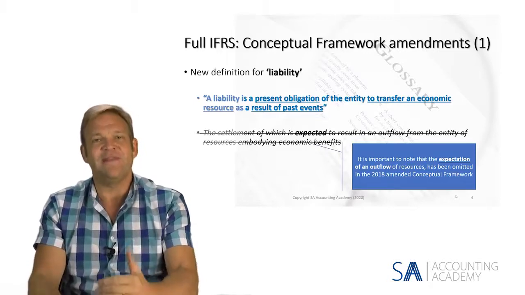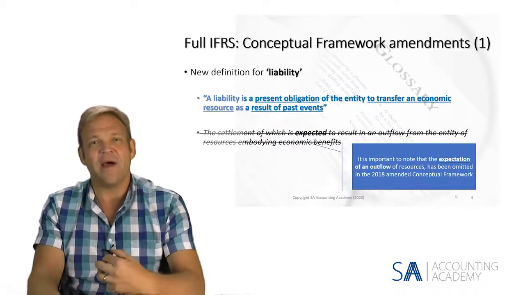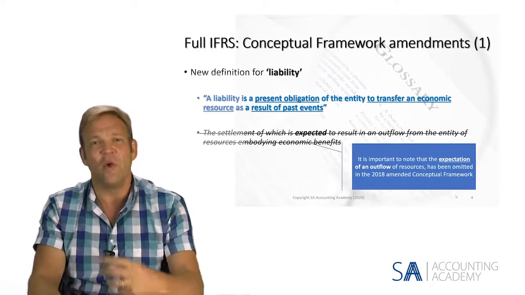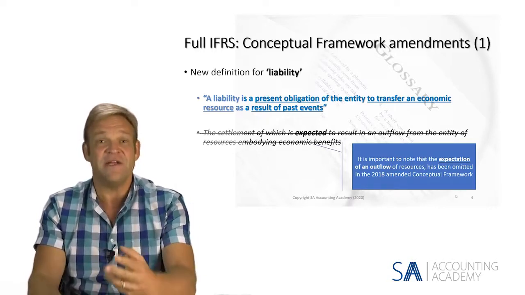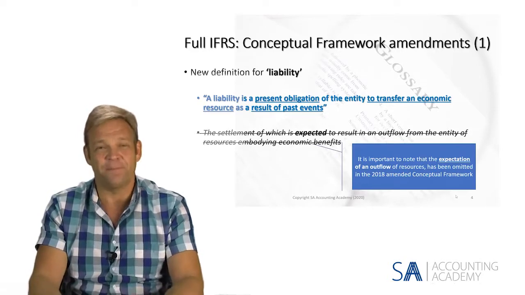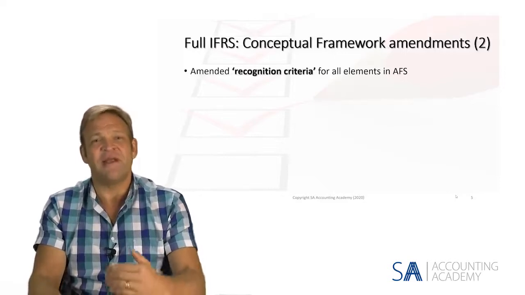But we know that the IFRS for SMEs is due for an update in 2021. And I personally expect that these amendments that we are currently discussing will find themselves into the IFRS for SMEs latest 2021.